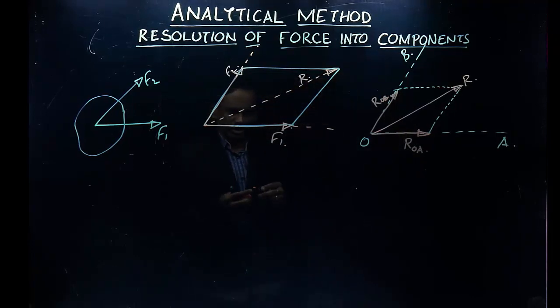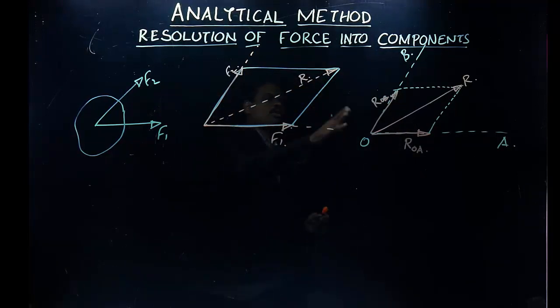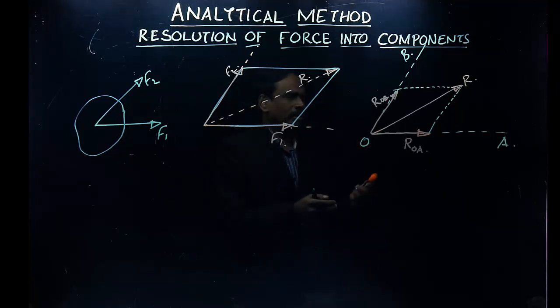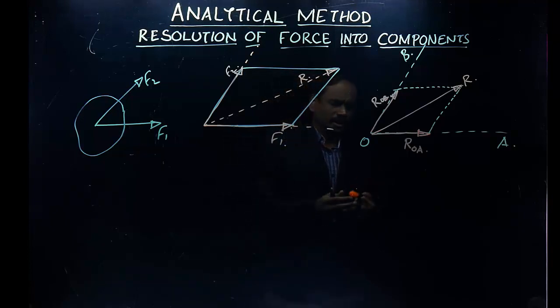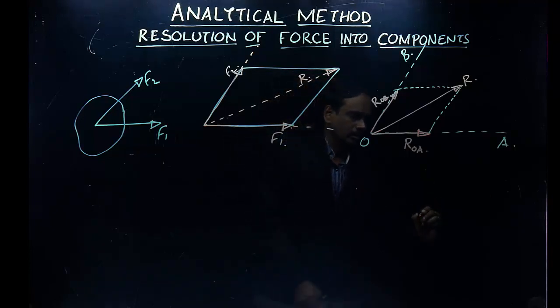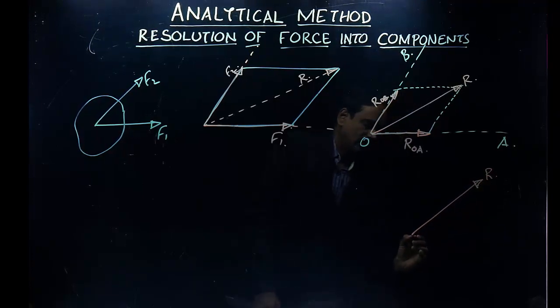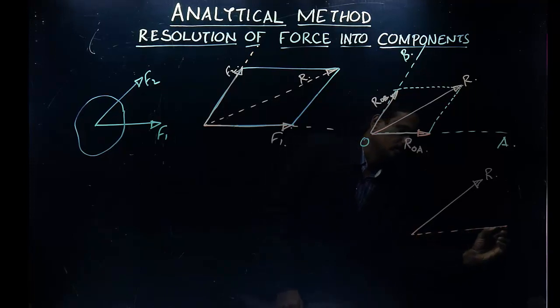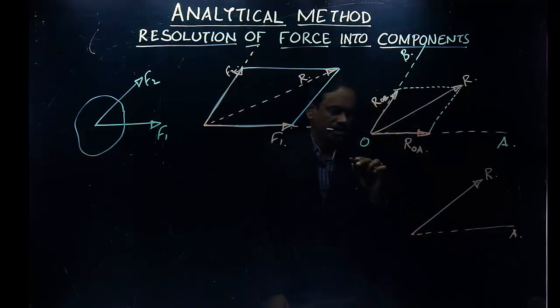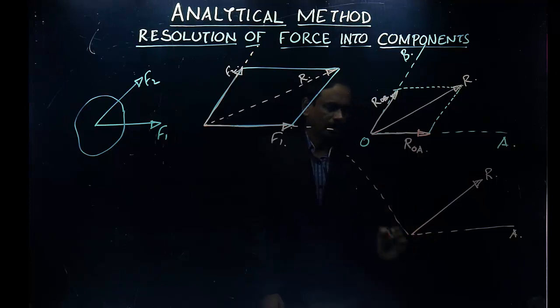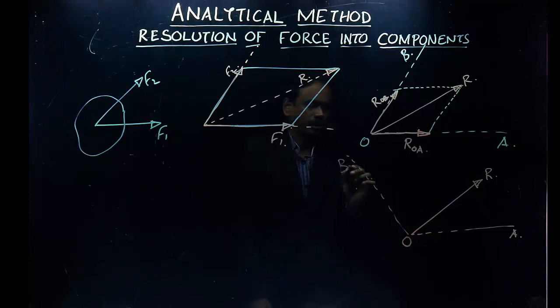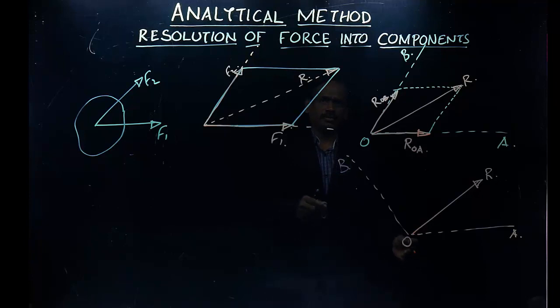Now we have chosen these axes OA and OB just as a representation. We can also use any other axes. What do we mean by that? Suppose I choose some other set of axes, say this is OA and OB is like this, and I want to resolve the given force into components along the two given axes OA and OB.